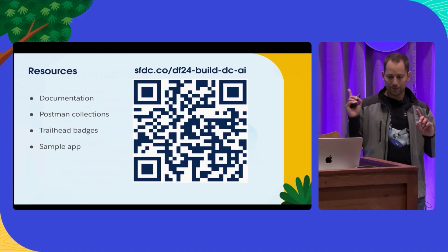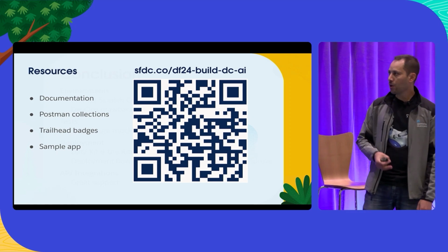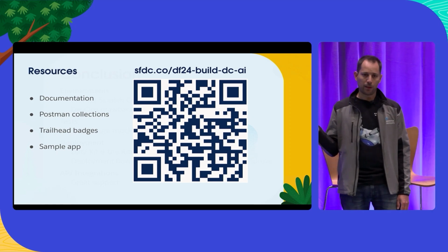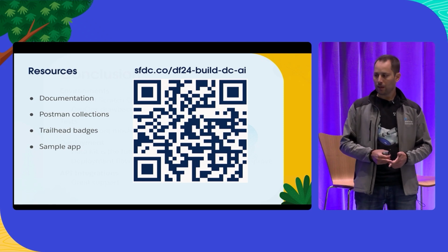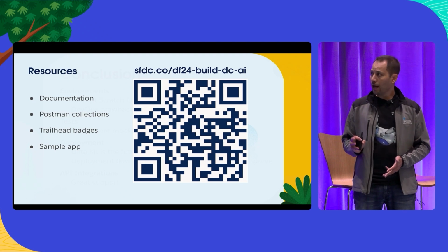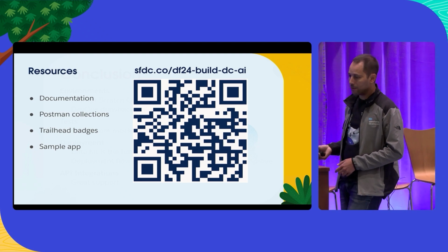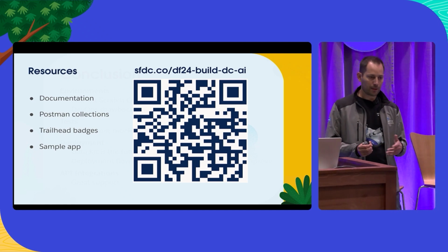The resources, that's the important bit. Everything that I covered today, the code samples, the documentation, the link to the Postman collection, whether it's Data Cloud Direct, Data Cloud Connect, the Models API, the SaaS Platform APIs, all of this is in there. You also have a link to a Trailhead badge. There is a specific Trailhead badge that will let you try everything I explained today.